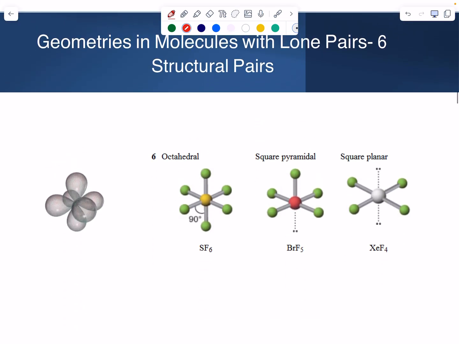All right, so getting to our biggest structure in VSEPR theory, that's the octahedral geometry. So that's when you have 6 structural pairs, okay, so 6 things attached to your central atom. And just like in the trigonal bipyramid geometry, in octahedral geometry you have things that are in plane with your central atom.